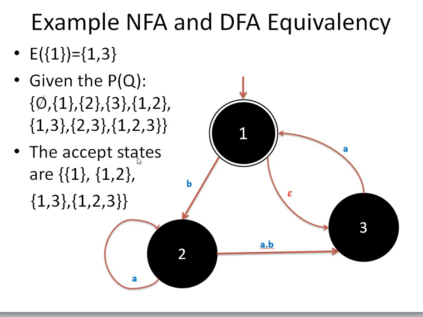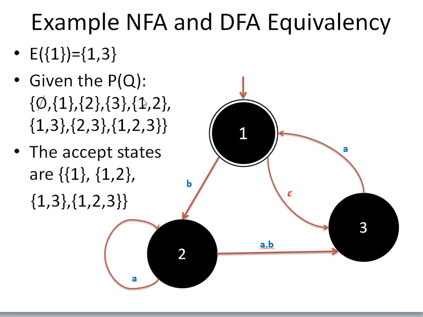And then we have the accept states. So the accept states would be any state with an accept state in it. So here we only have 1 as an accept state. So we just go to each one of these and say, okay, this set has 1, so this is an accept state.